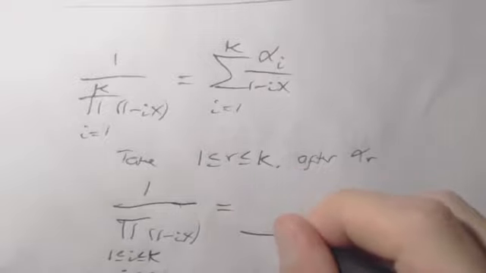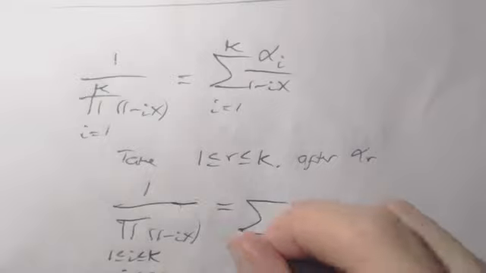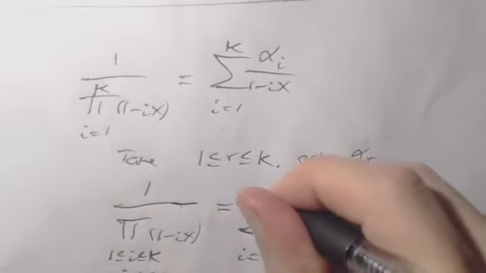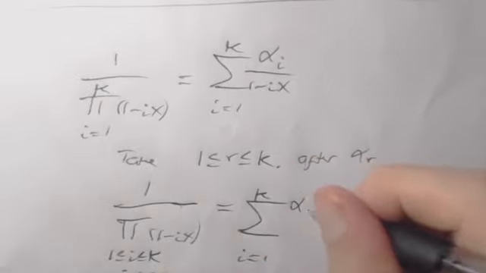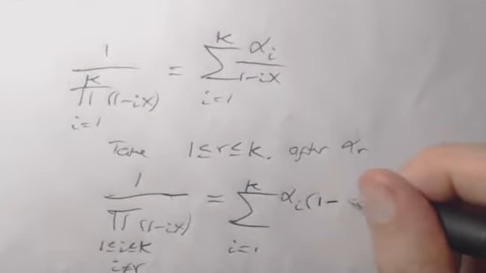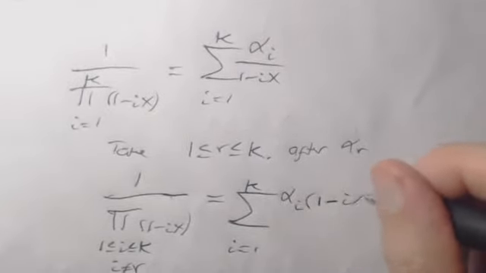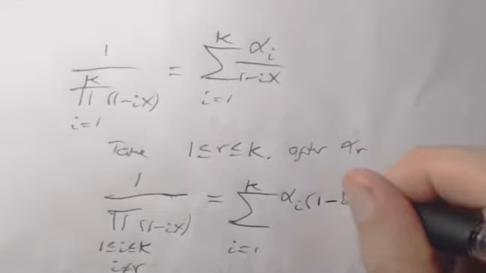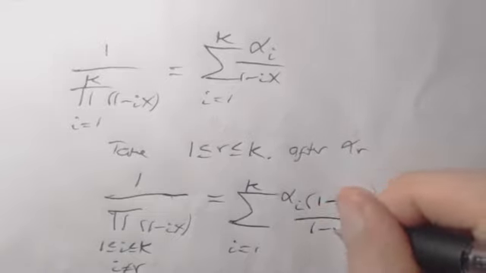Equals the sum from i equals 1 to k of alpha_i times 1 minus rx over 1 minus ix.